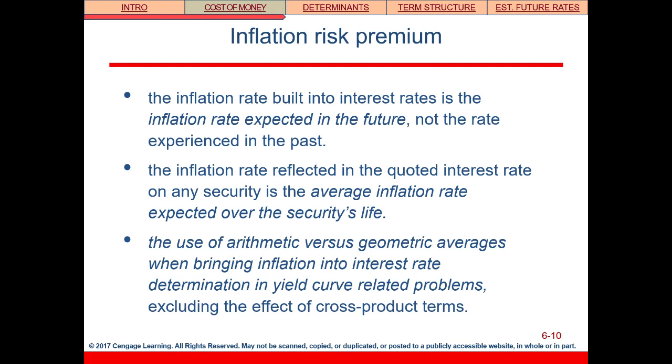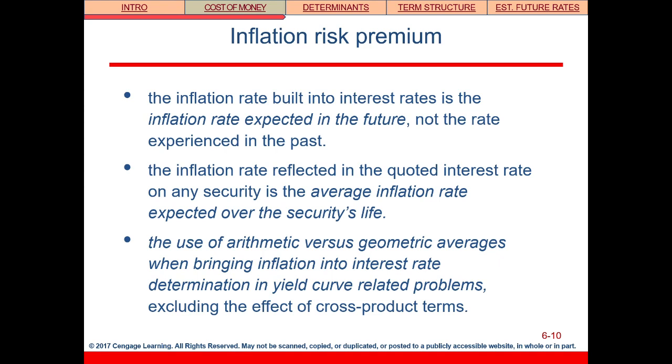We use the arithmetic versus the geometric averages when bringing inflation into interest rate determination in yield curve related problems, excluding the effect of cross product terms. That means geometric averages probably make more sense, especially when you consider time value of money.